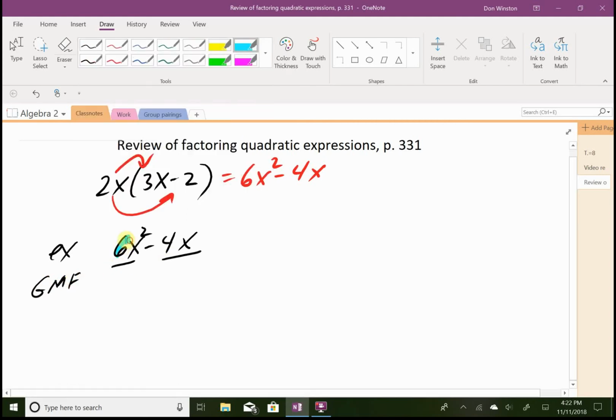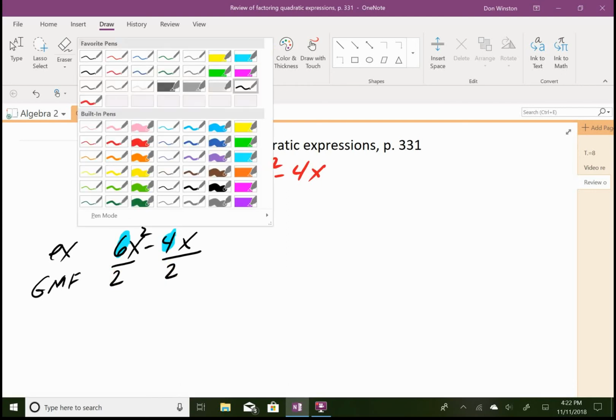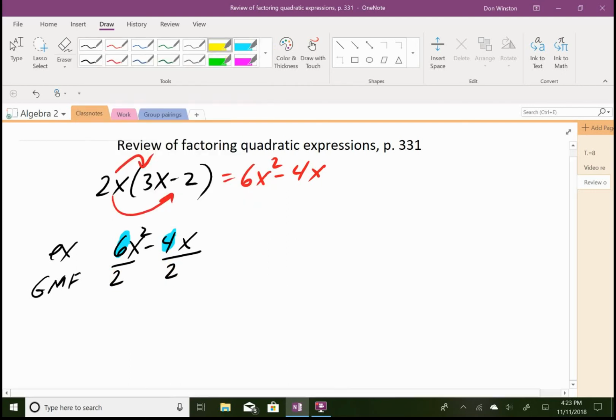To find the greatest monomial factor, I need to find a number that divides evenly into 6 and 4, and in fact, the largest number. The number that divides evenly into 6 and 4 is 2. Now I have to look at my powers, x squared and x.